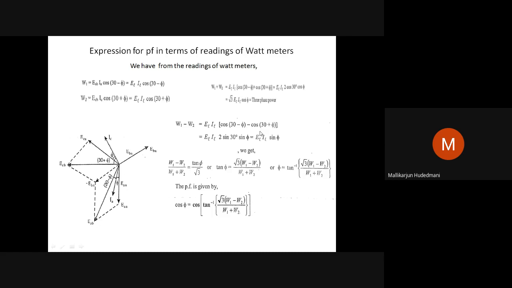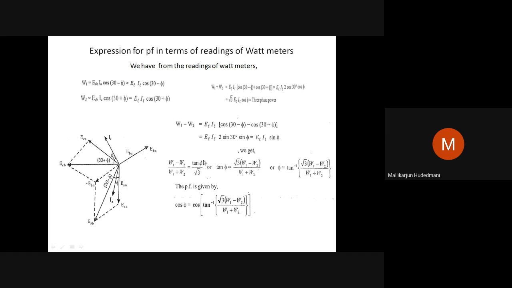Now EL IL cancel off. What remains is sin phi divided by cos phi, which becomes tan phi divided by root 3. This is a factor not cancelled. Now what you got is the difference of readings divided by the sum of readings, which results in tan of the power angle divided by root 3.